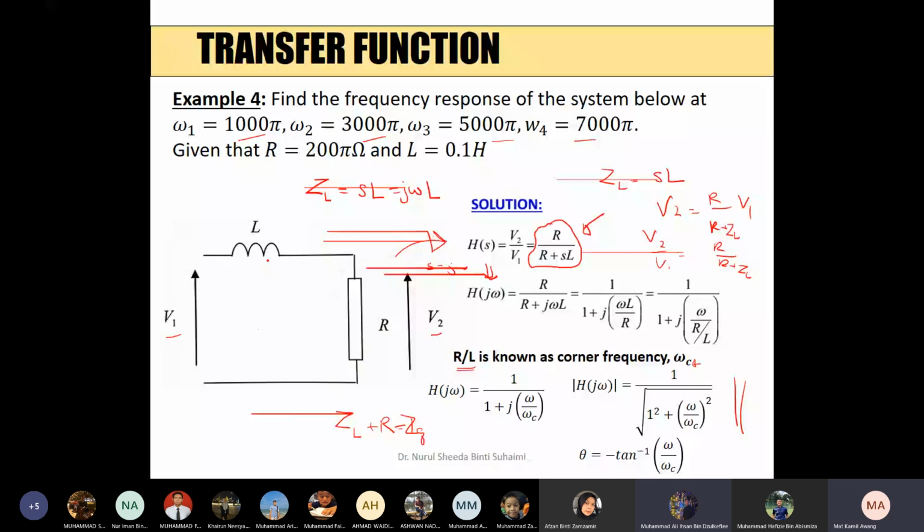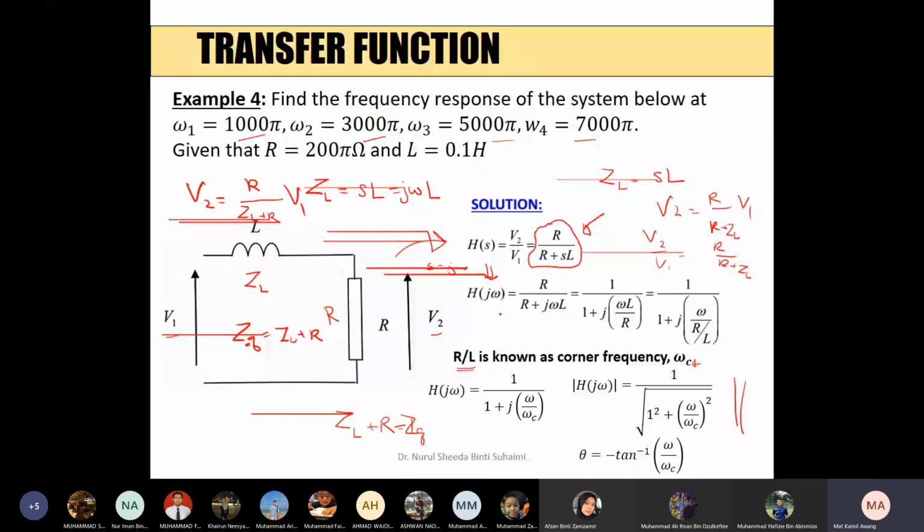This is ZL and this is R, so Z equivalent is equal to ZL plus R. V2 is the voltage across the impedance here, which is R, divided by the total impedance, so it is R over ZL plus R, multiplied by V1. Clear so far? Okay.